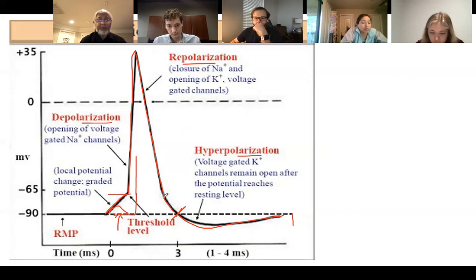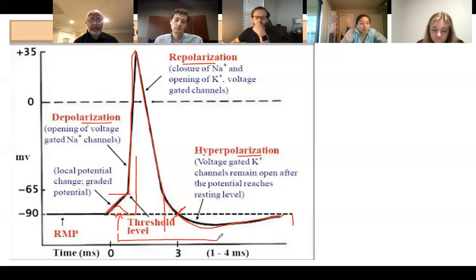Actually there are two types of refractory period. One is called the absolute refractory period. The cell will be refractory from here to here, right? From here to here, no matter how big a stimulus you apply, the cell will not respond, because the cell doesn't have the capacity to respond.